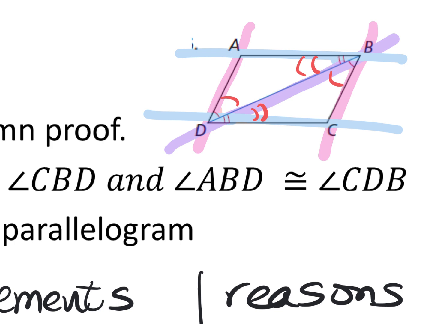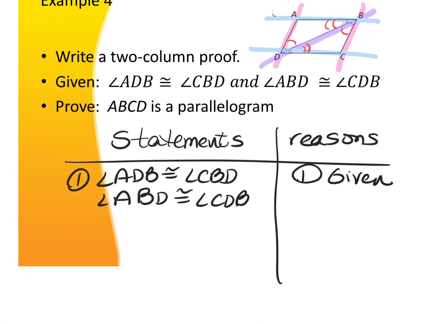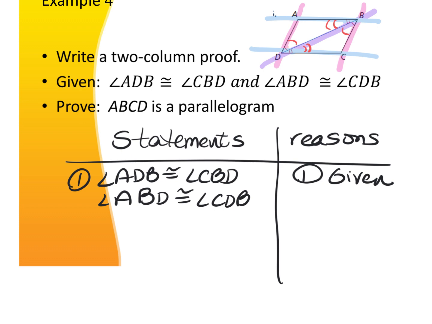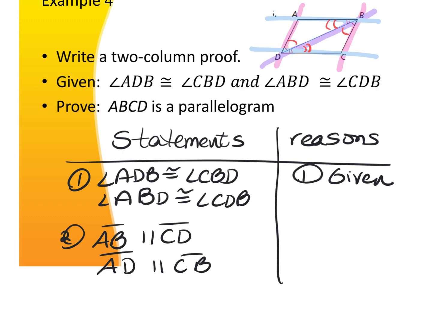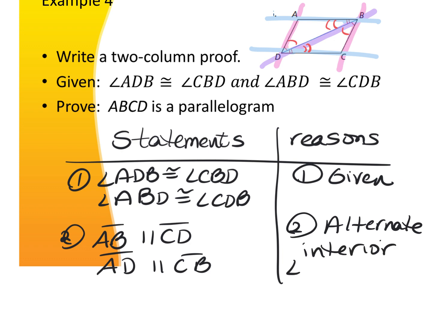So because I've got congruent alternate interior angles, I can use my alternate interior angles converse to prove that AB is parallel to CD and that AD is parallel to CB, and my reason is the alternate interior angles converse.